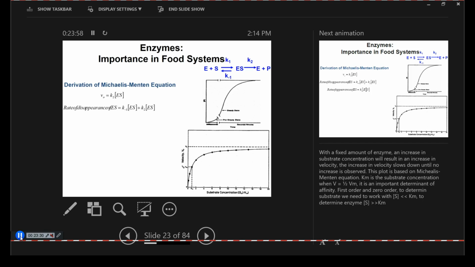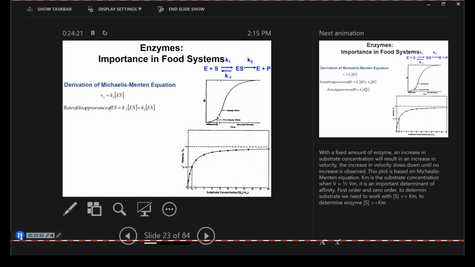So I want to analyze things at the steady state. So what's the rate of disappearance and the rate of appearance? The rate of disappearance of ES equals this reaction and this reaction.